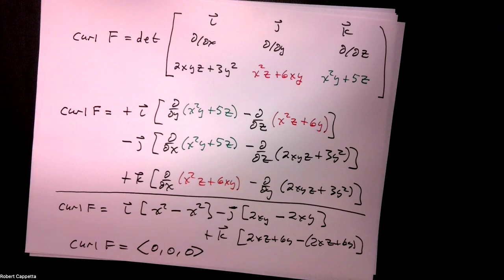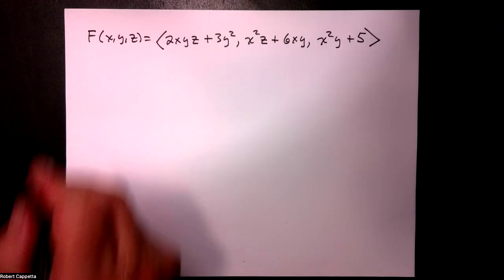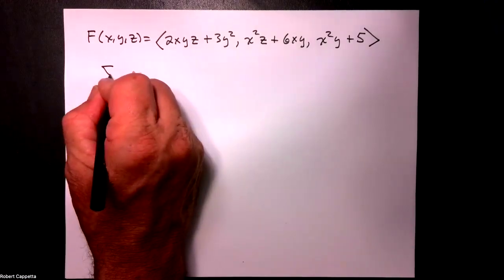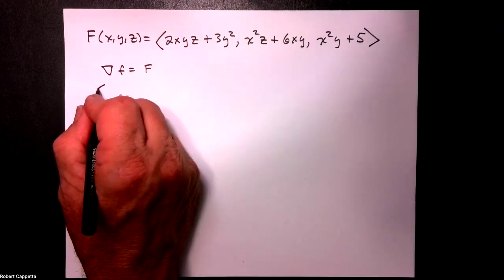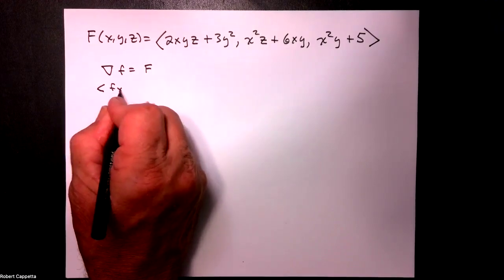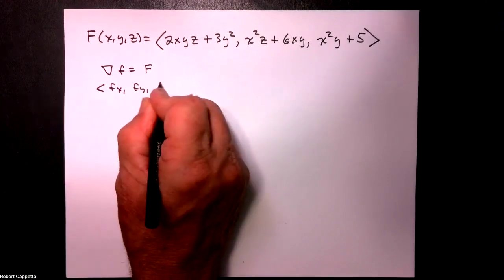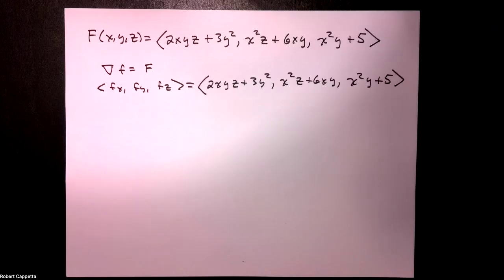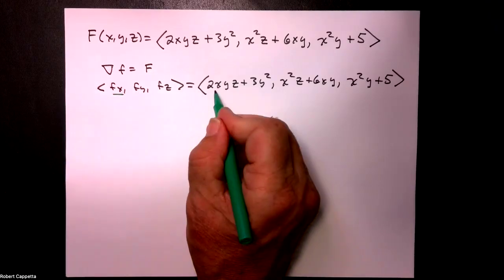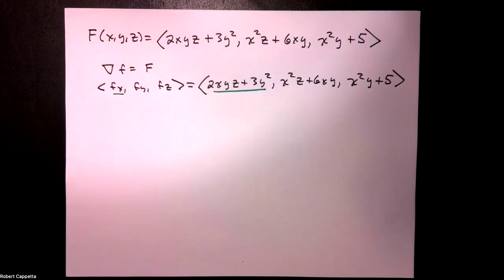Let's find it. So there's our vector field, and our potential function, little f. The gradient of little f has to equal big F, which means f sub x, comma, f sub y, comma, f sub z has to equal big F. So we'll start with the first piece. We want f sub x to equal this. We're going to try to reverse that process if we can.